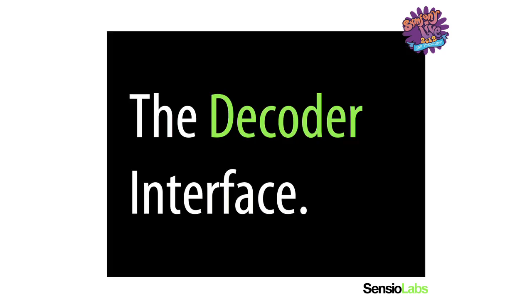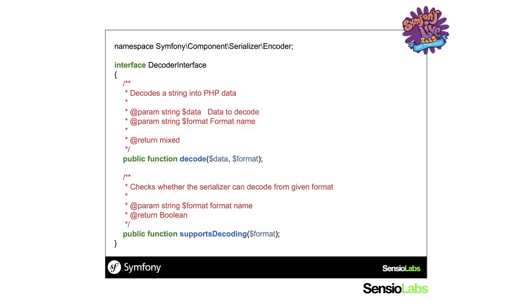And you also have a decoder interface, which does the contrary. So you have a decode method. You pass the output, so the string, XML or JSON, and it will convert this string to a PHP array. So that's the internal structure of this serializer component.